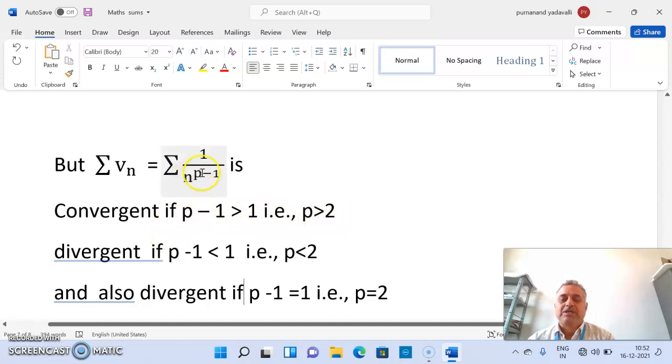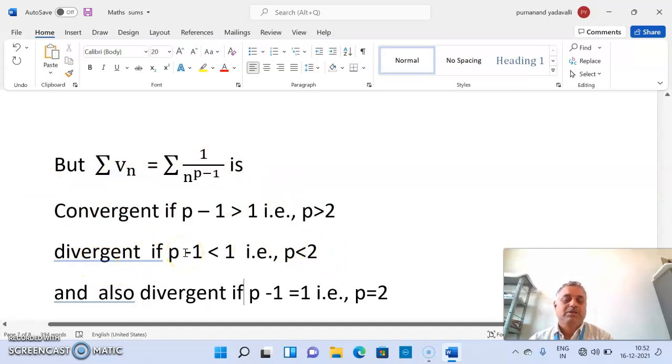If this p minus 1 is less than 1, then the vn diverges. So p minus 1 less than 1 means p is less than 2. So for p less than 2, the series sigma vn diverges.